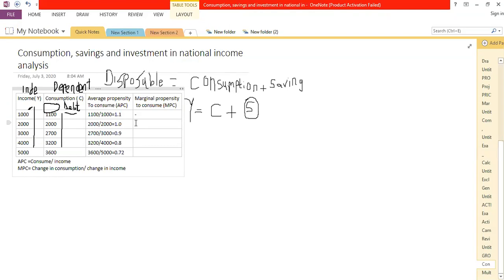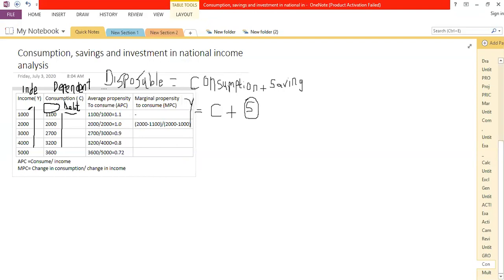So let's determine how we are going to get the MPC at the second level. The consumption is changing how? You can see 2,000 is our new level of consumption minus the previous level of 1,100. We divide this one by the change in the income, which is between 2,000 and 1,000.